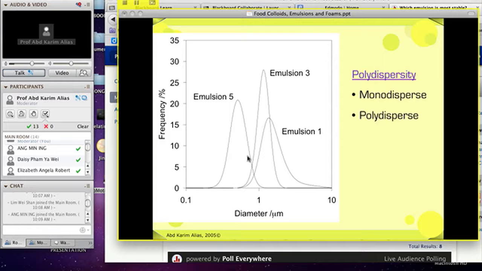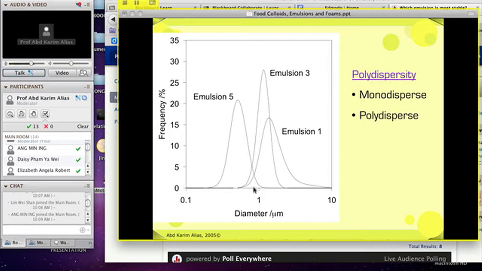Now, while you are thinking about the answer for this question, I explained to you last week the term polydispersity, which describes how wide the distribution of the droplets in the emulsion is. So for emulsion 3, for example, we can see that it has a very narrow distribution, which means that the variation of the droplets in the emulsion is quite small.